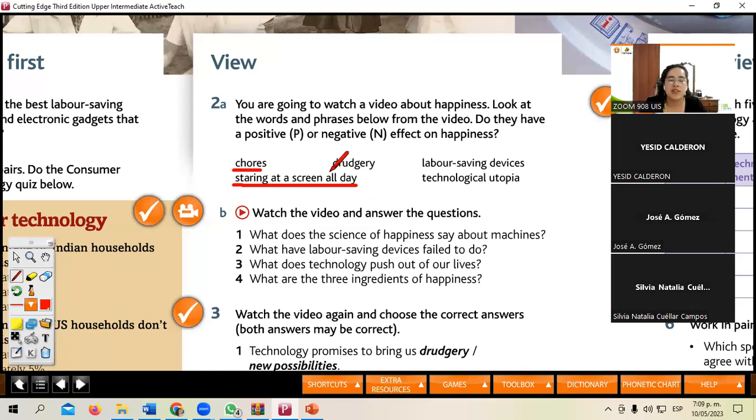Then we have a new word, drudgery. Anyone has any idea what this is? So sometimes maybe your mom, she says, I'm tired all day working in the house with the house chores, doing the dishes, sweeping, cleaning, washing, all of this.